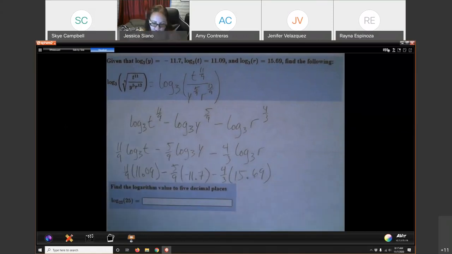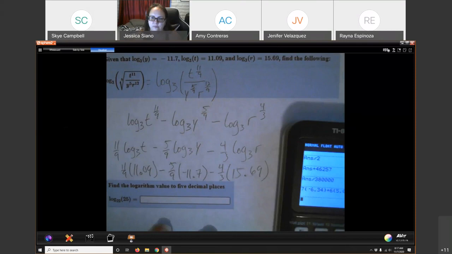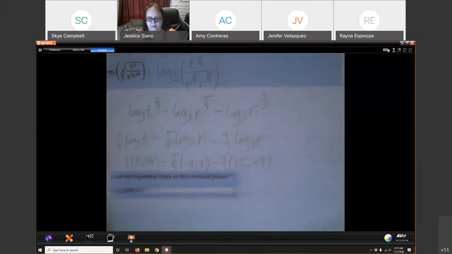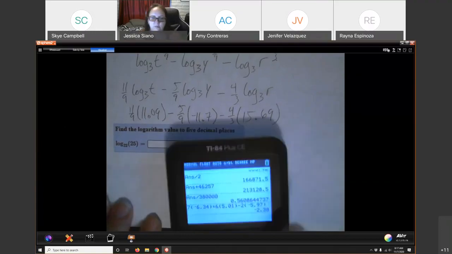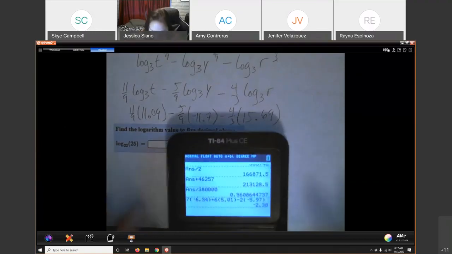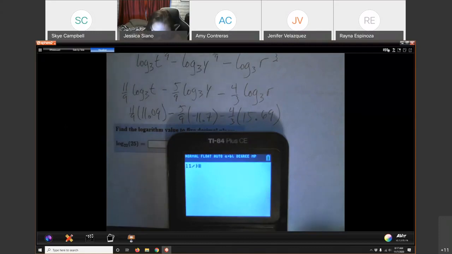And now I'm going to grab my calculator. So 11/9 times 11.09 minus 5/9 times negative 11.7 minus 4/3 times 15.69.